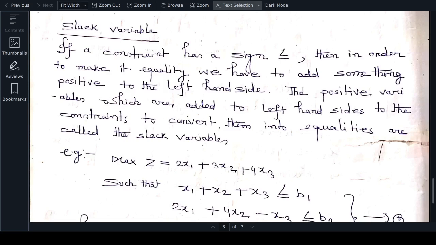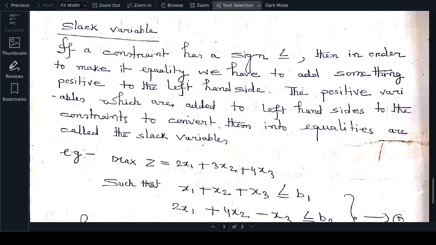How do we get one straight line? Minimum we need 2 points. Considering one variable 0, we get the other variable, that is one coordinate, and for getting another coordinate, we take the other variable 0, then we get the first variable. In this way we find out.